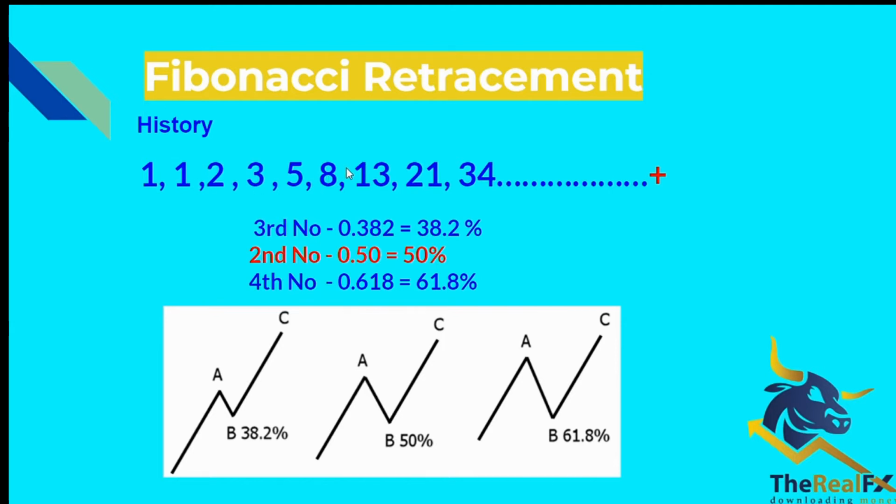And when you divide 8 by 13, it will give you about 61.8%, and the number goes on and on. Now, these levels help you determine or predict where the market is going to turn when the market retraces. Let me go to the next slide to show you what I mean by that.